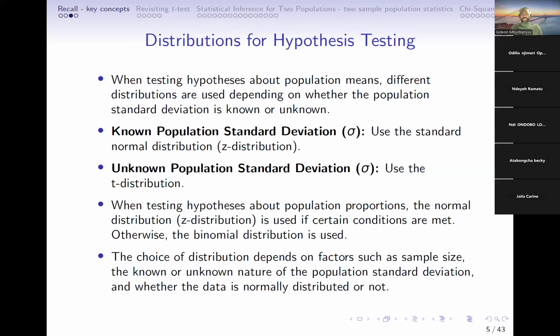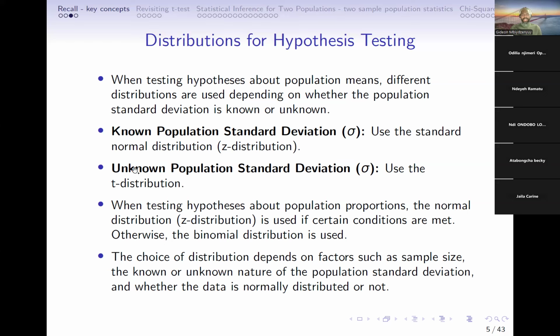The normal distribution is also very interesting because it's used if certain conditions are met. And we also know which conditions there are for using the normal distribution in terms of the statistics, the Z statistic. Otherwise, we use the binomial distribution. Whichever distribution we choose, whether it's the student t-test or the Z distribution, it all depends on factors like the sample size, which we've seen.